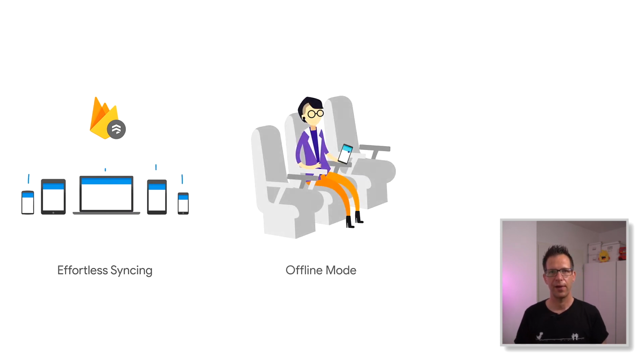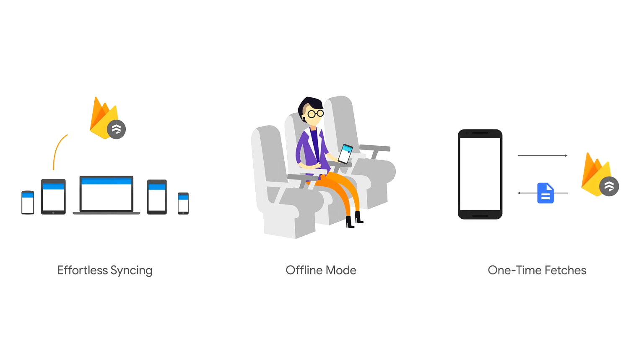It also has offline support, and that means if you're in a spot with bad or no reception, you can still continue using the app and make changes, add new elements, and even delete ones. And once you come back online again, Firestore will synchronize all those changes. If you don't care about real-time sync, you can use one-time fetch. So fetch data once when you need it.